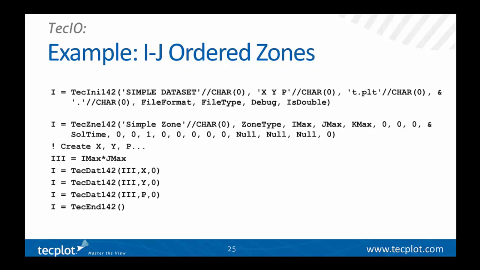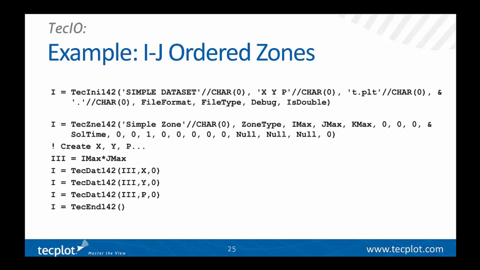For SZPLT, all the data remains in RAM allocated by the TecIO library until you actually go to write the file. File format, that's an integer parameter where we specify whether we want PLT or SZPLT. The file type can be full, which includes all your data, or we also support separate grid and solution files.